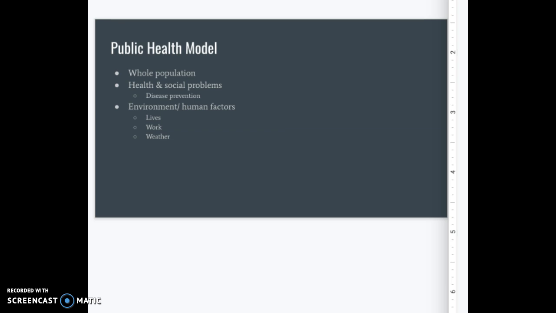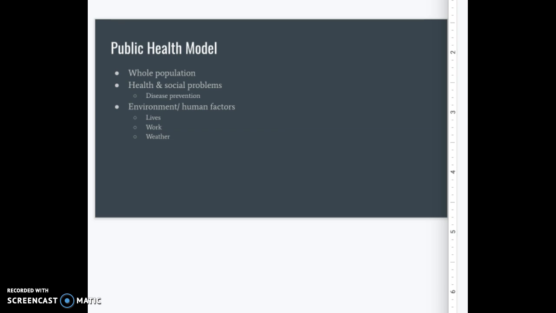So if you look down at the second bullet, it says the health and social problems. And when we look at this, we're saying that the public health model is focusing on the health problems and the social problems, but it's also incorporating things to prevent any of the health problems or social problems from happening.